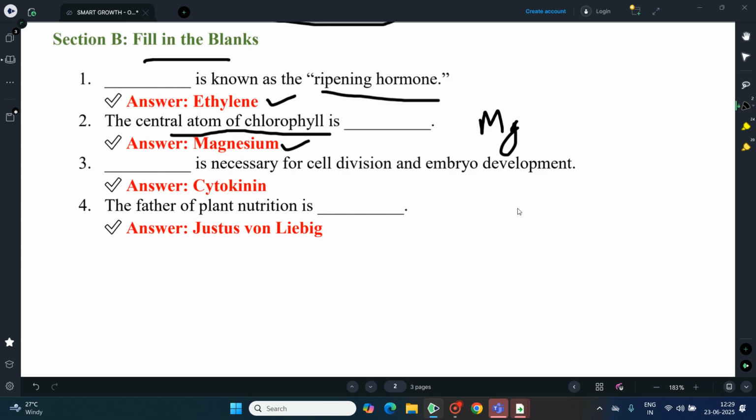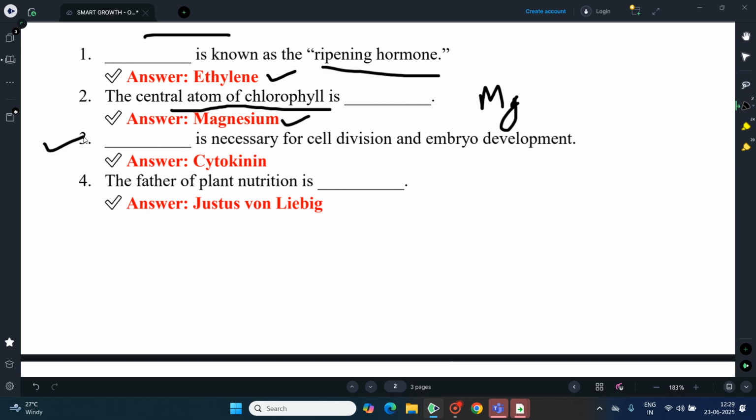And the third question, the blank is necessary for cell division and embryo development, that is cytokinin, and this plays an important role in the cell division and embryo development of tissue culture plants.